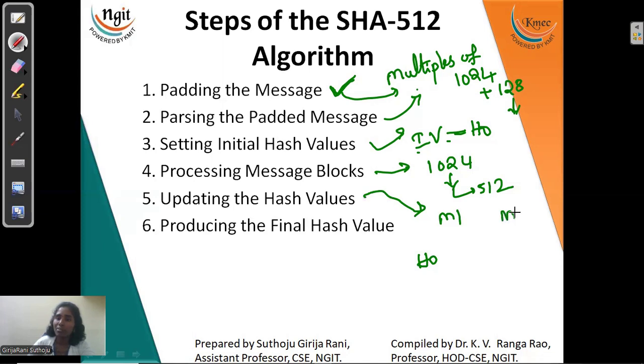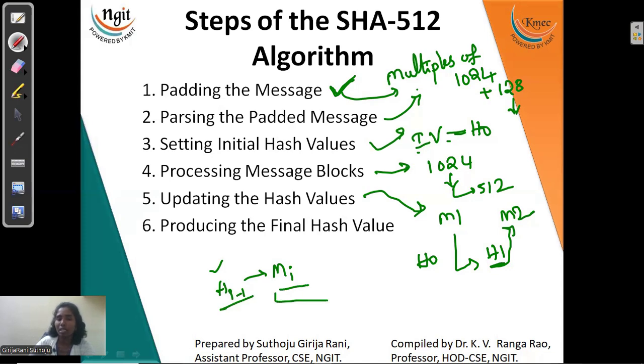When I am in message block 2, I must utilize H1. The output of M1 must be utilized as H1 for M2, right? So if this goes on repeating, when I am at the I-1 position, I will be operating on the MI block. When my hash value is at hash of I-1, I will be at the MI block.